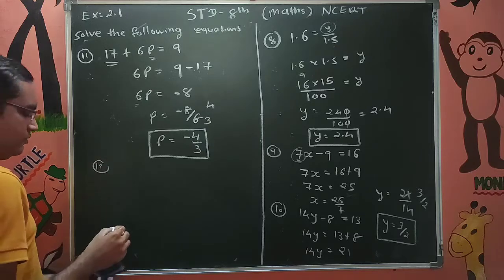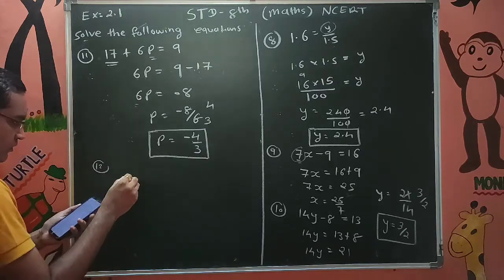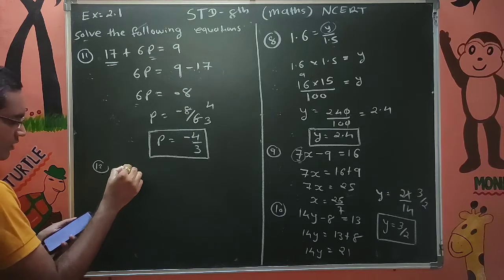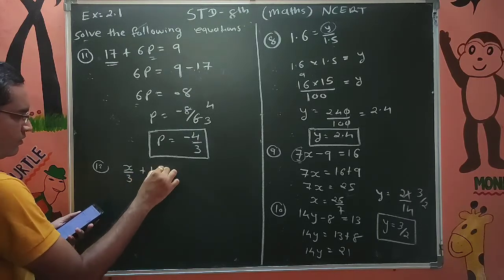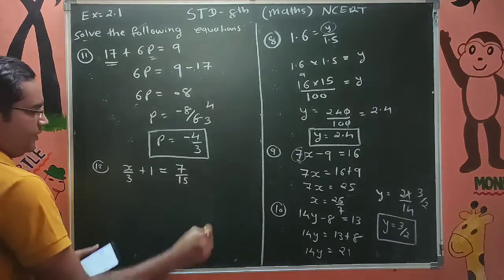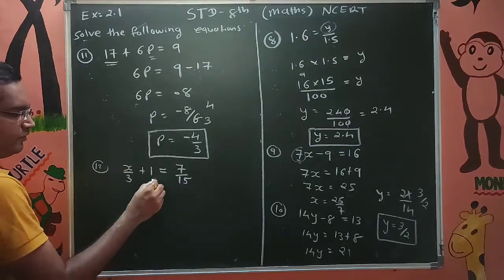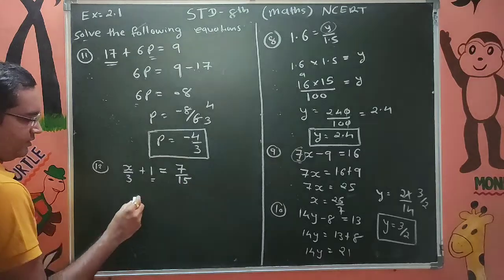Now last sum, question number 12. So here we are given x by 3 plus 1 equal to 7 by 15. So again given variable is x. First we have to take this one on the right hand side.